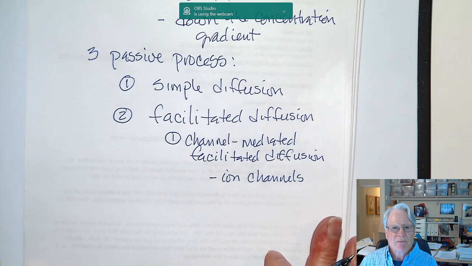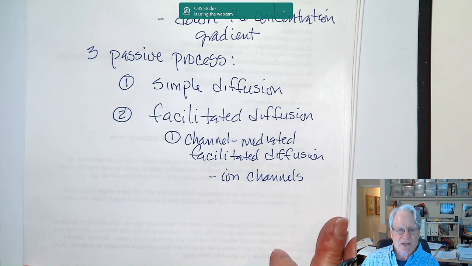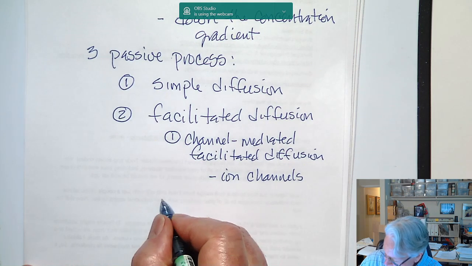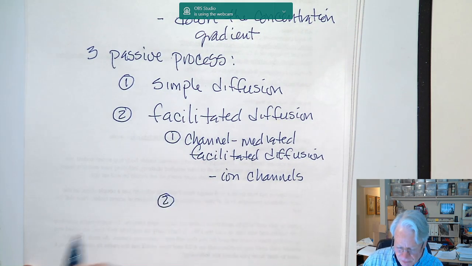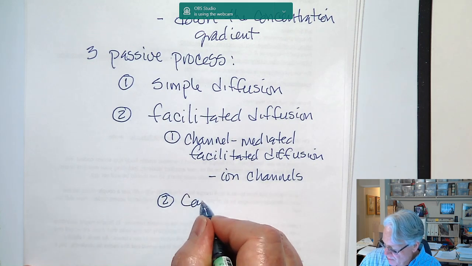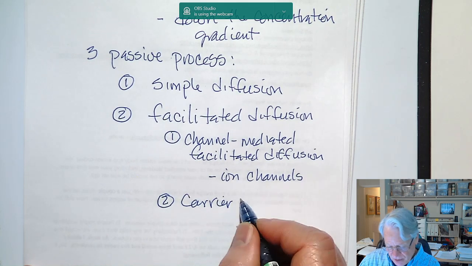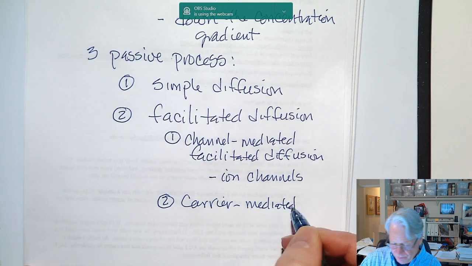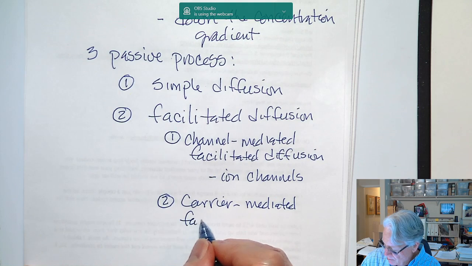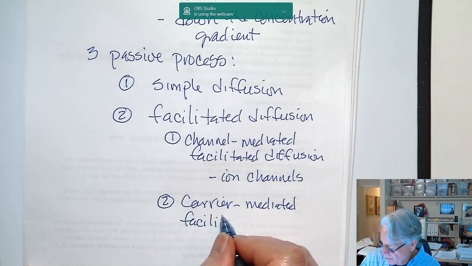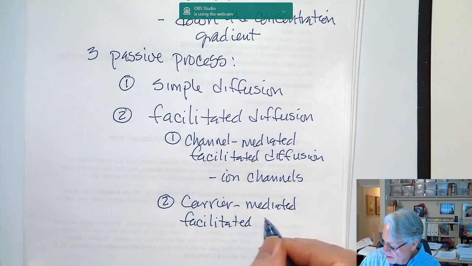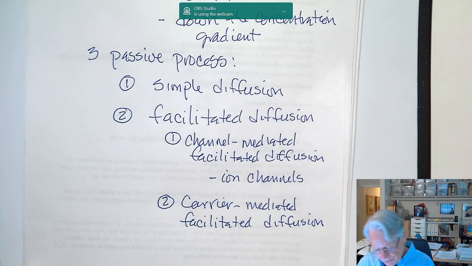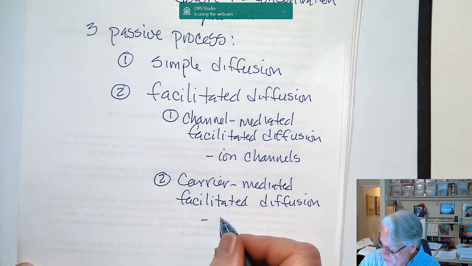So channel-mediated facilitated diffusion is one form of facilitated diffusion. The second is carrier-mediated facilitated diffusion. Here we're going to use a transport protein.